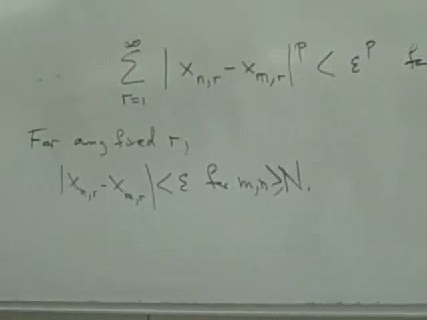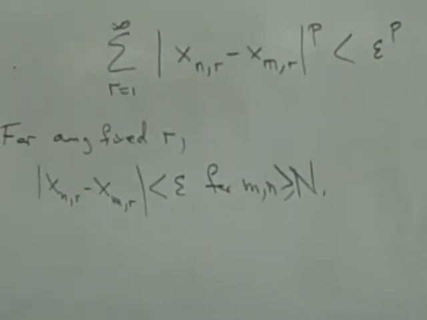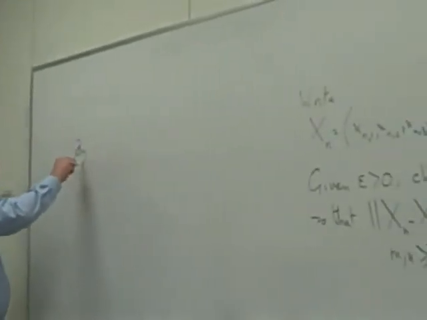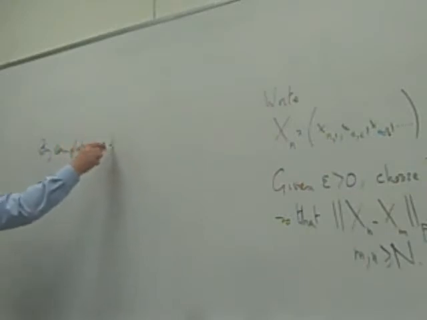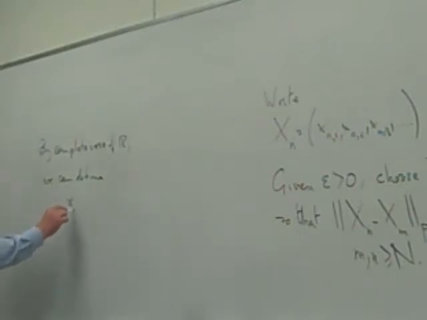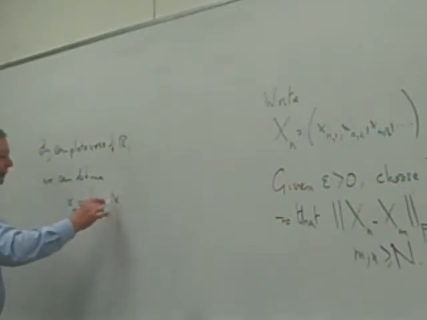Of course, that means that that sequence is now Cauchy in R. So by completeness of R, we can define x_r to be equal to the limit as n goes to infinity of x_nr.